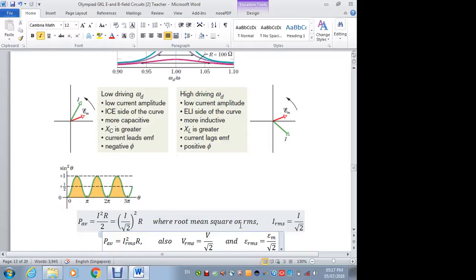So if you want to find the root mean square value for a sinusoidal function, let's say for I, then I will be I naught sine omega t. To find the root mean square, we follow square, mean, root. So we square this function first.